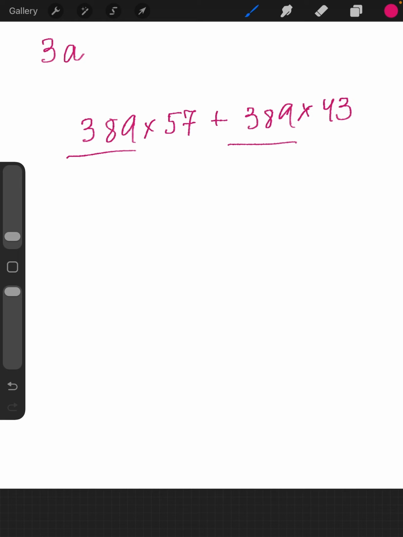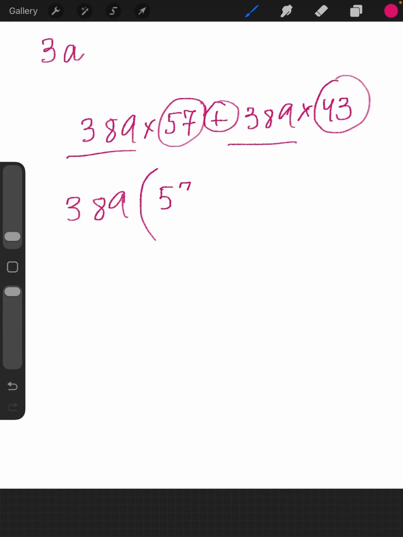What do we do next here, you guys? 389 being our common factor. Okay, so we take 389 outside the parentheses, right? This is multiplication here. And then we've got 57 plus 43. 57 plus 43.